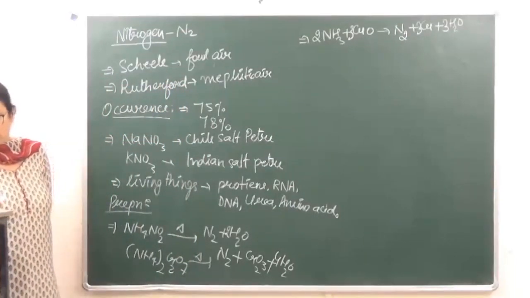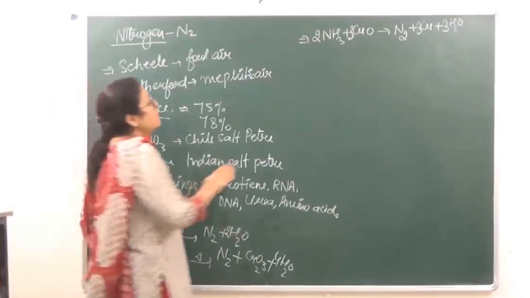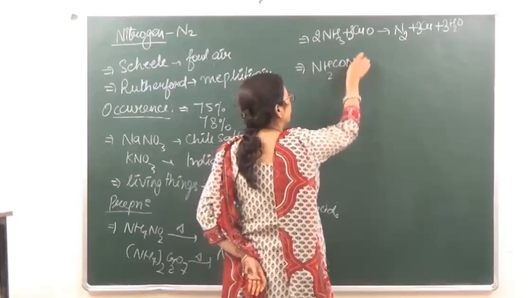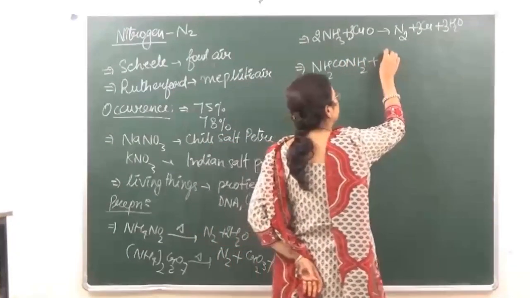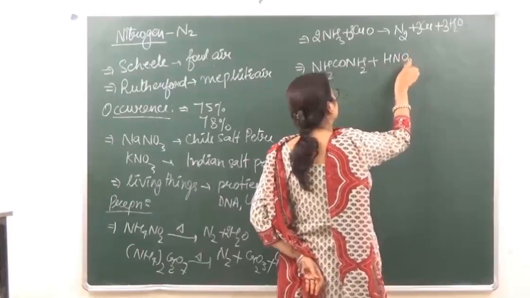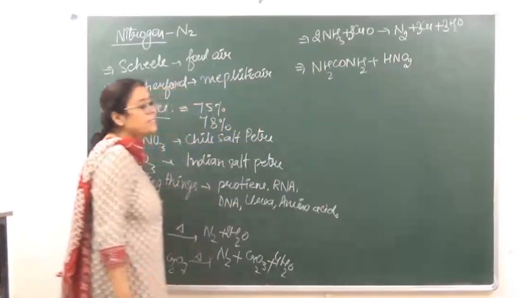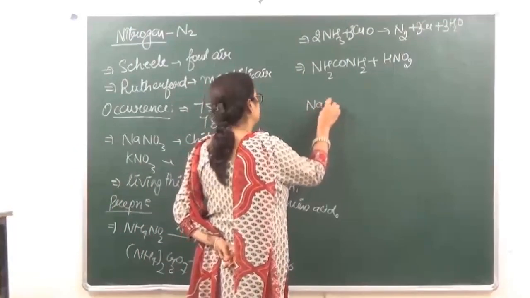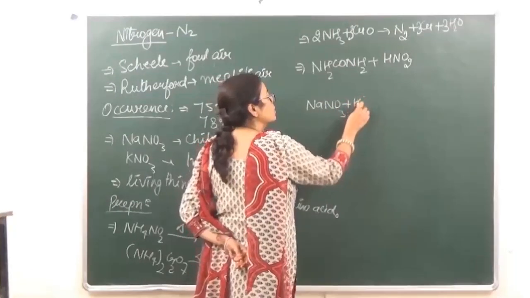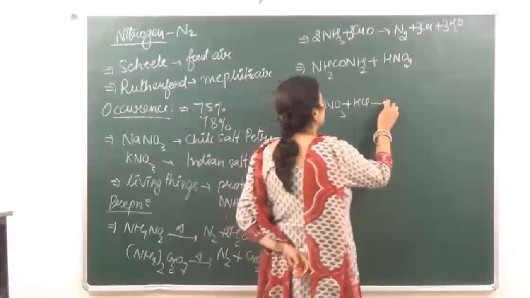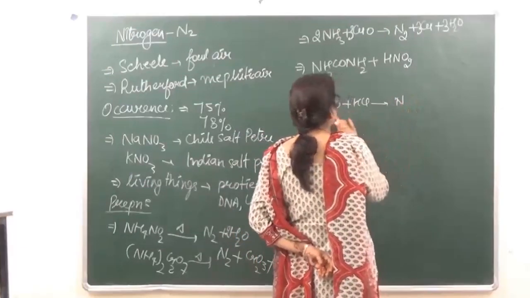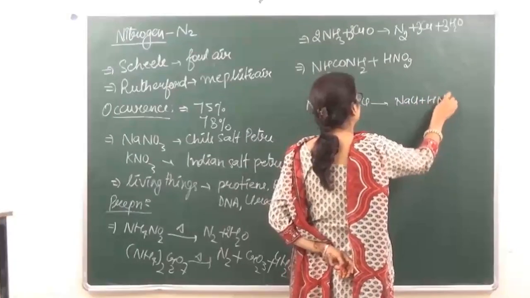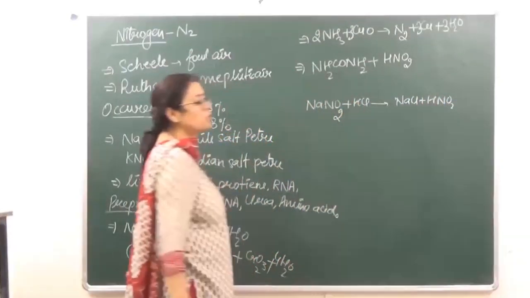Other methods, we can also prepare nitrogen from urea by reacting urea with nitrous acid. Okay, this nitrous acid, it is prepared by reacting sodium nitrite and HCl. HNO2. ठीक है?